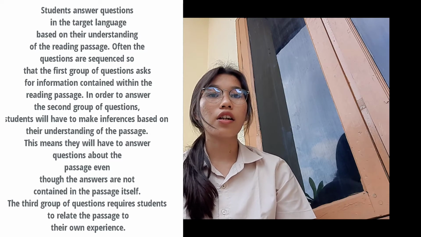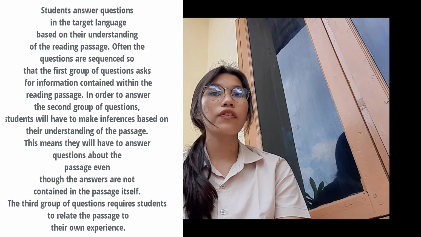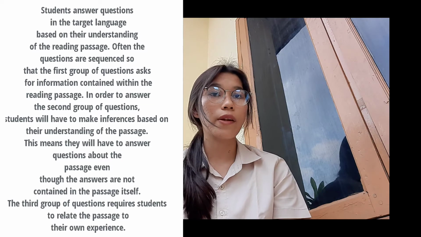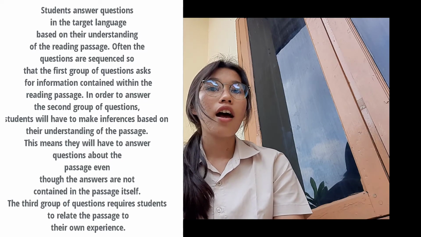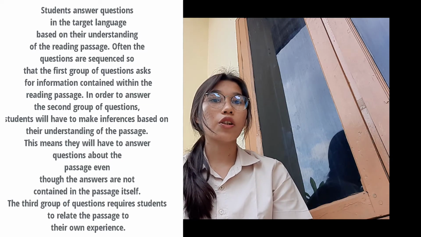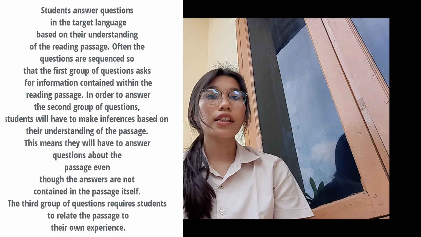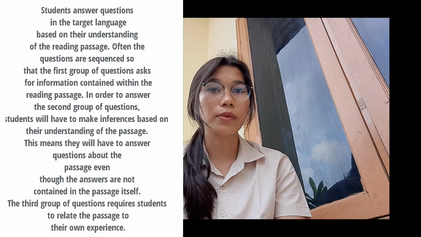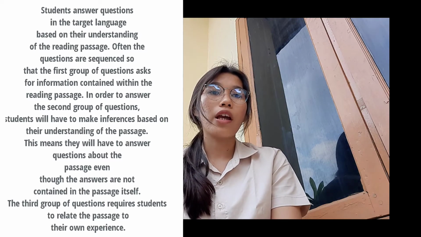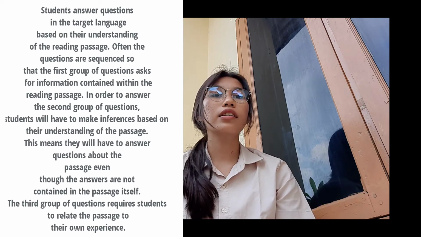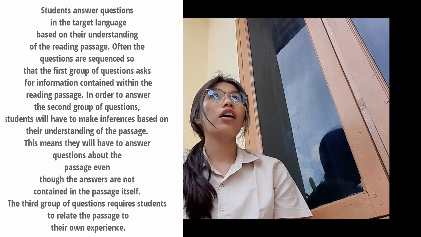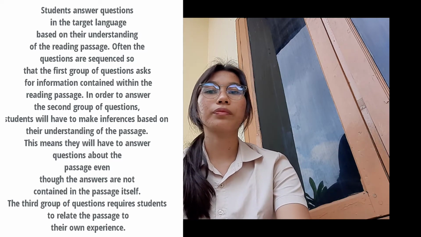In order to answer the second group of questions, students will have to make inferences based on their understanding of the passage. This means they will have to answer questions about the passage even though the answers are not contained in the passage itself. The third group of questions requires students to relate the passage to their own experience.